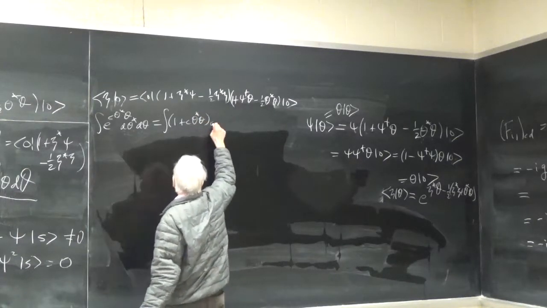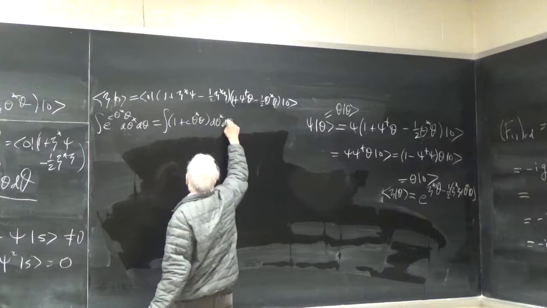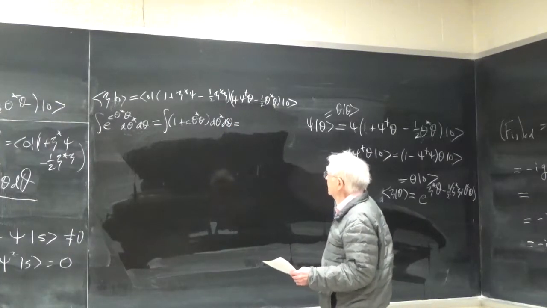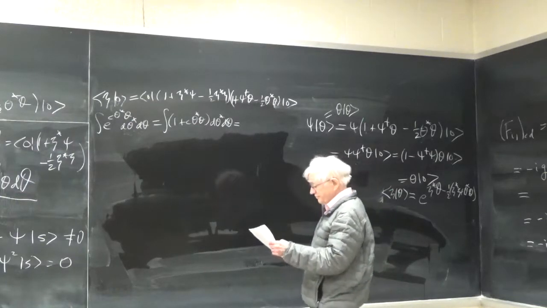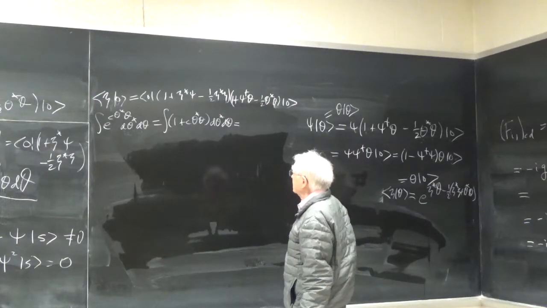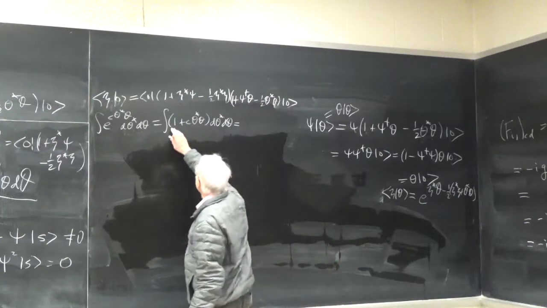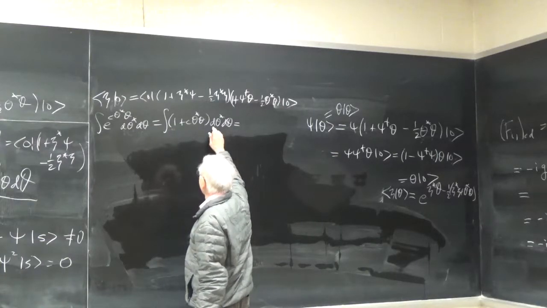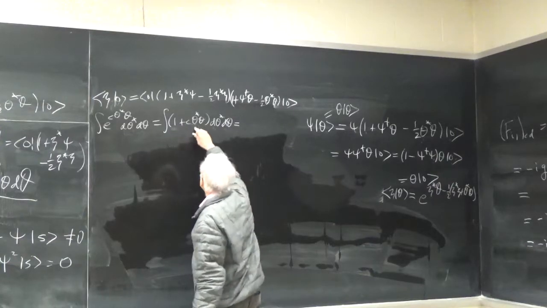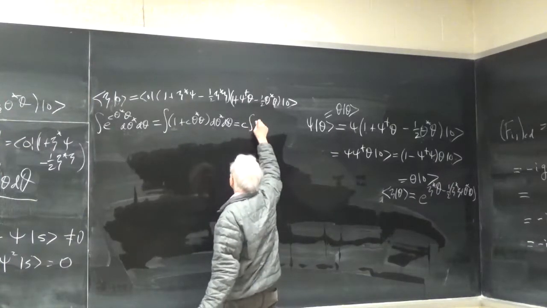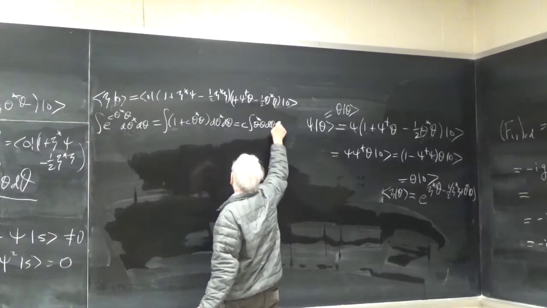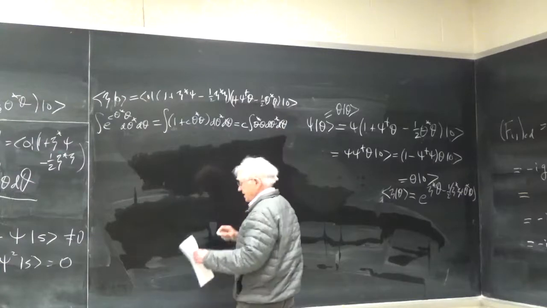There aren't any more terms. And now, we can see that the first term vanishes right away because integrating d theta star is 0 and d theta is 0. And so the only thing here is c integral theta star theta d theta star d theta.